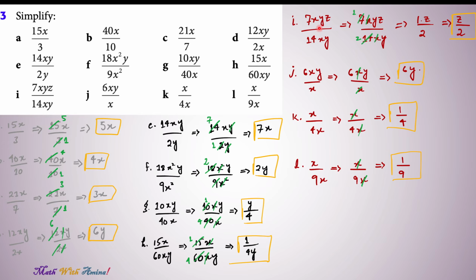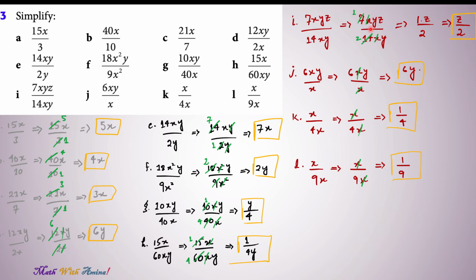We have 7xyz over 14xy. So simplifying, 7 multiplied by 1 is equal to 7. 7 multiplied by 2 is equal to 14. So we will get 1 over 2. Now simplifying the variables, we have x in the numerator and in the denominator. Both have the same power, so they get cancelled. Y also appears in the numerator and the denominator.